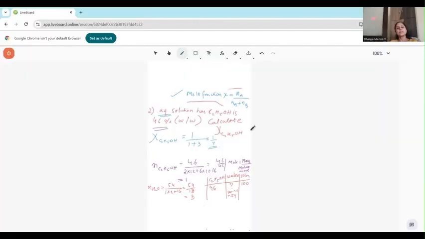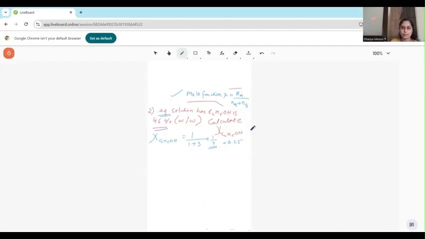Now, without solving it, can you directly do the mole fraction of water? I already told you the sum of mole fraction of different components comes to 1, right? So mole fraction of C2H5OH plus mole fraction of water is equal to 1.